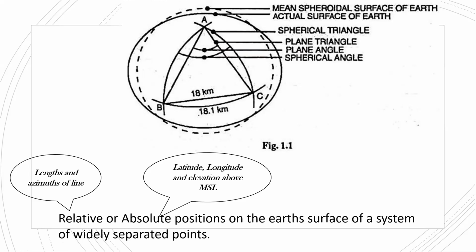Coming to how I find out absolute positions: what is the latitude and longitude of Bangalore, and at what height is it above mean sea level, and finding the latitude, longitude, and above mean sea level elevation of Mysore. By finding out these things, not just me, anybody can easily find out the distances AC, CB, and BA.